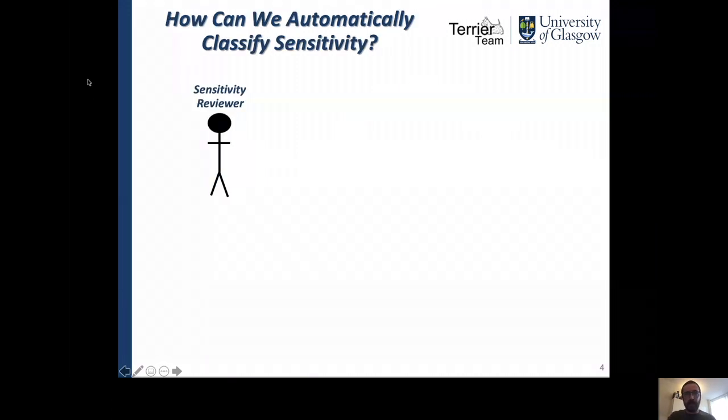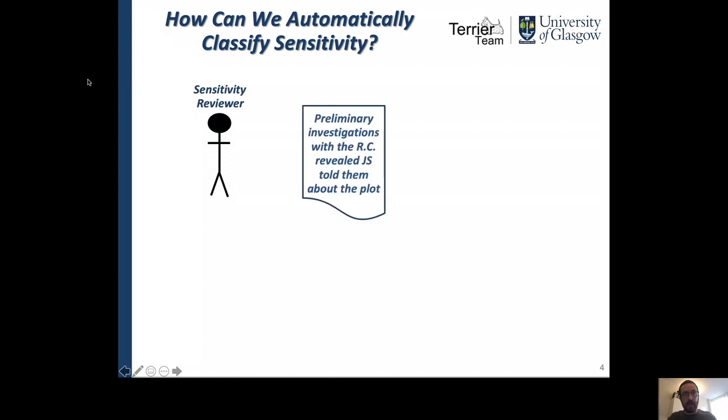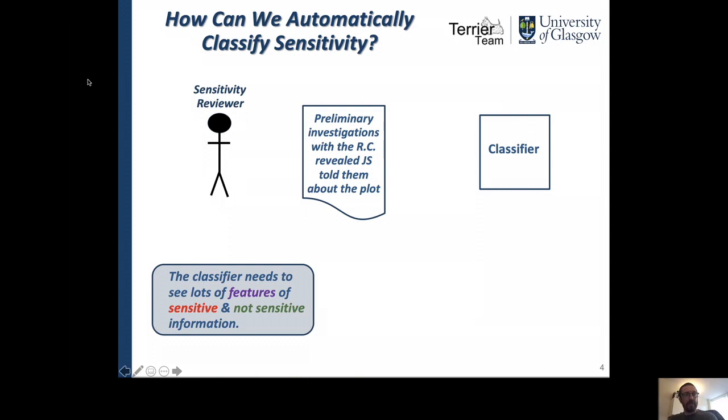Okay, so first off, how do we go about learning a sensitivity classifier? I dare say this is going to be quite familiar to most people in the audience. We have a human reviewer. We have some documents that we want to classify, and we therefore want to learn a classifier. How do we go about doing that? The classifier needs to see lots and lots of features of sensitive and not sensitive information.